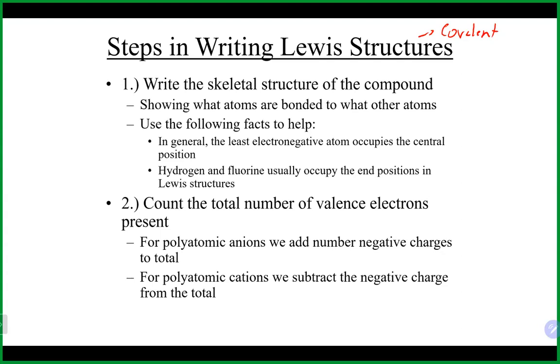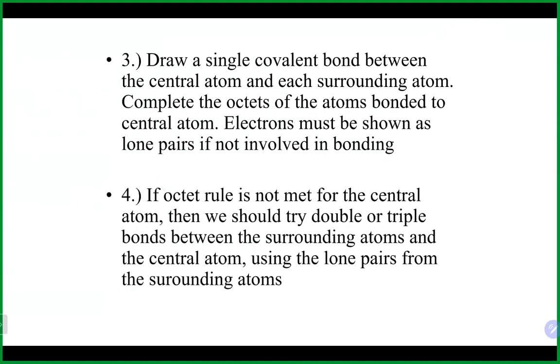So something with a negative charge means that it has gained electrons, and something with a positive charge means that it has lost electrons. So you do need to take that charge into account when you are adding them up. Otherwise, you will be short in terms of your electrons.